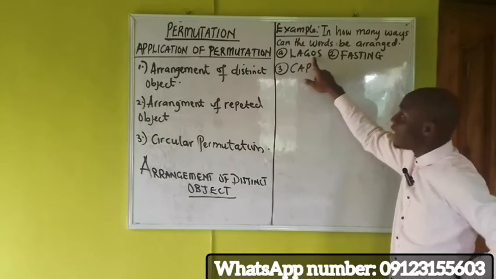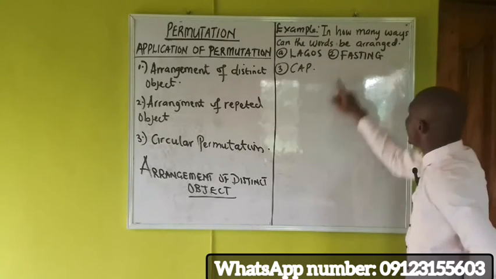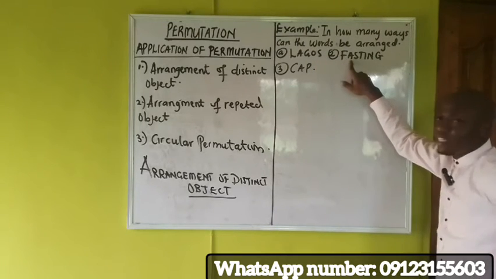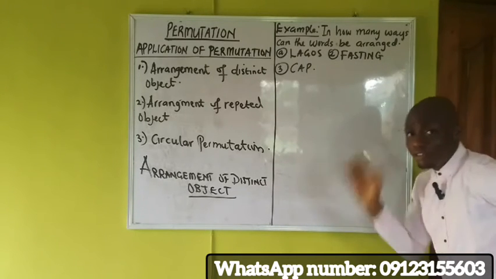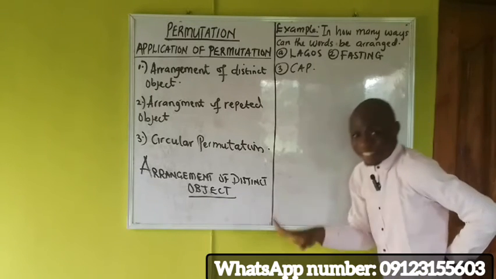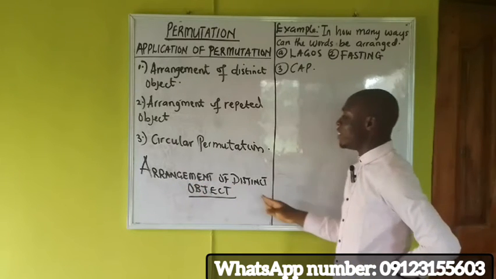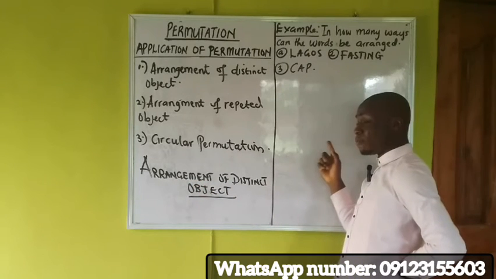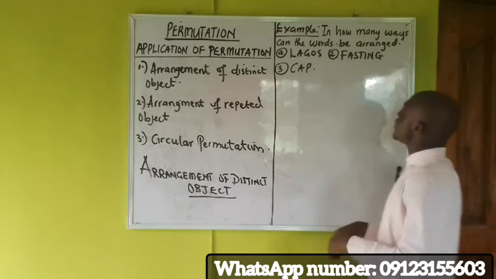They are all different objects. F is different, A, S, T, I, N, G. They are all different objects. C, A are different. So you apply the concept of arrangement of distinct objects for this one.